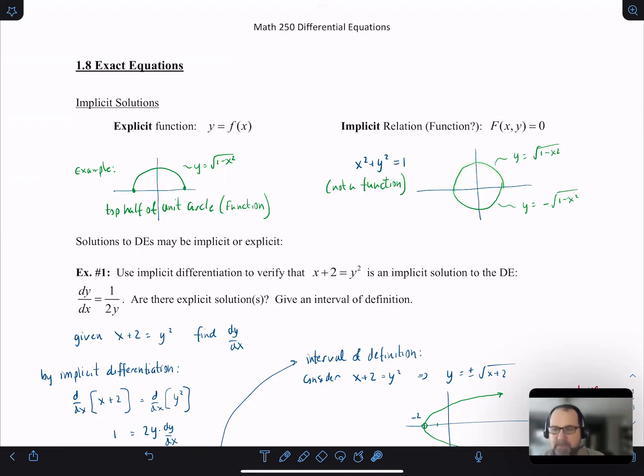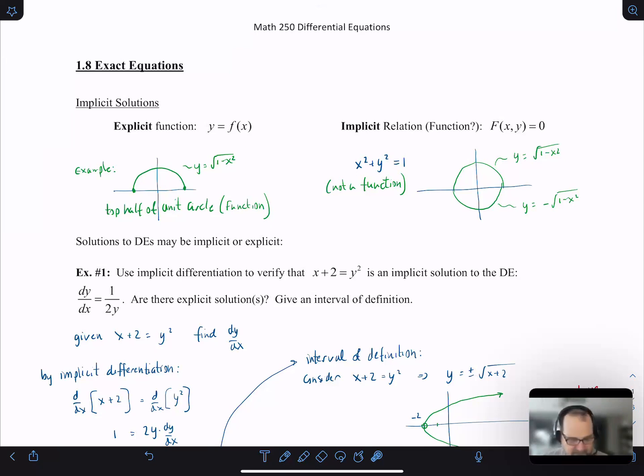One is the top half of the circle, the other is the bottom half. If you paste them together, you get the relation x squared plus y squared equals 1. So you can have an implicit relationship that is basically just two explicit functions pasted together.